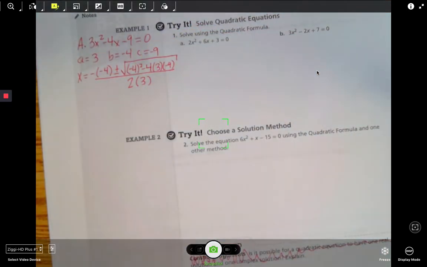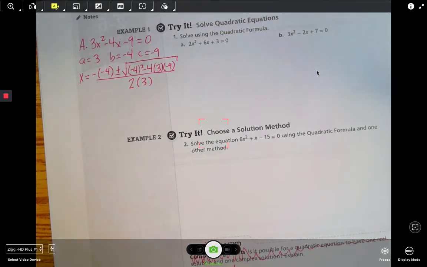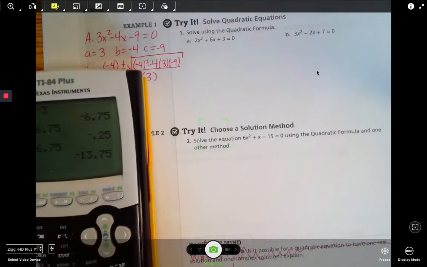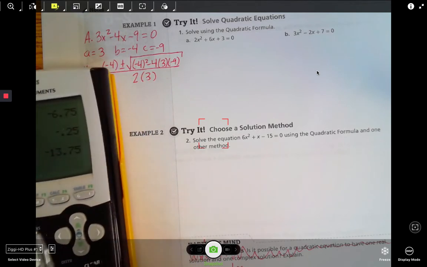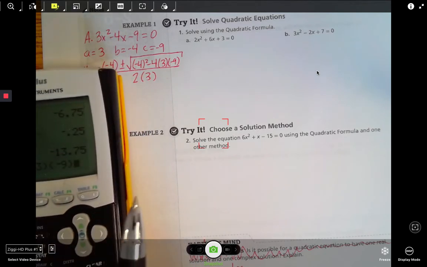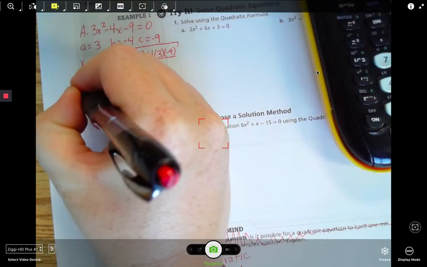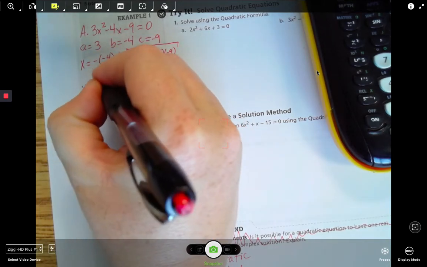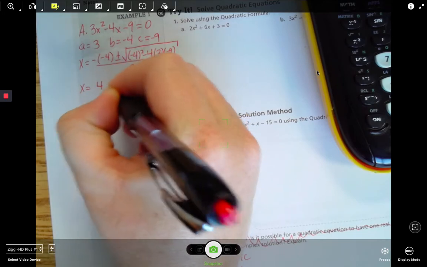So what I always try to do is I always try to simplify what is under my radical first. So when I put that in my calculator, I've got negative 4 squared minus 4 times 3 times negative 9. And I get 124. So I've got x is equal to negative and negative make a positive 4 plus the square root of 124 over 6.